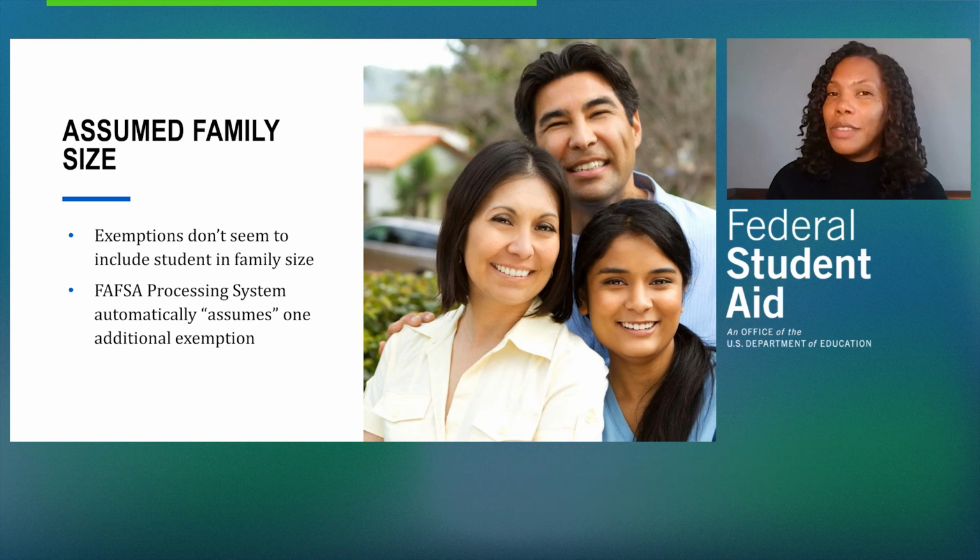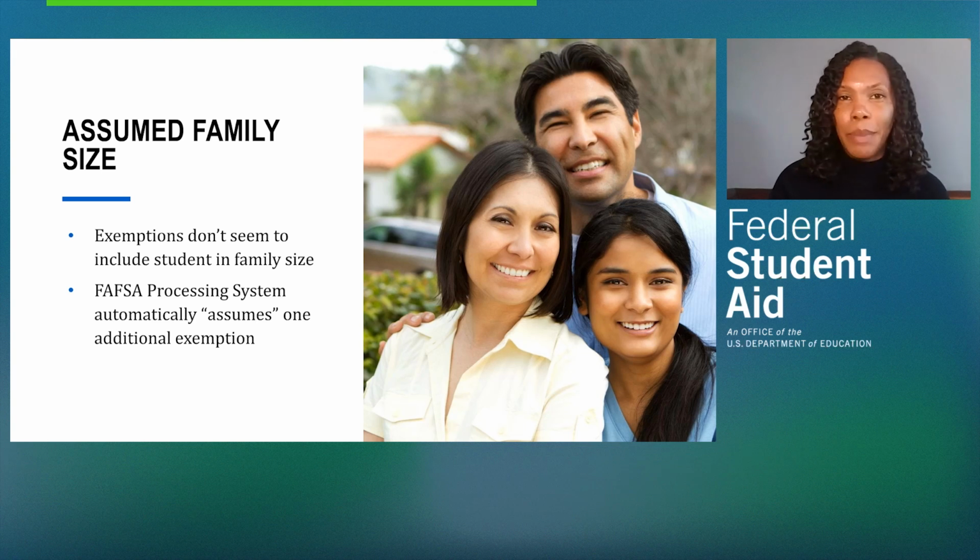But in the FAFSA logic, that doesn't make any sense because the student is married. So the FAFSA is going to account for an assumed family size of 2, because the family size that came over from the tax return doesn't make any logical sense, because it has to be more than 1 because the student indicated on the FAFSA that they are married.